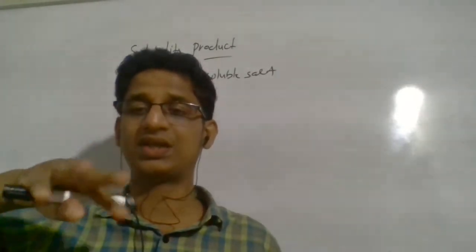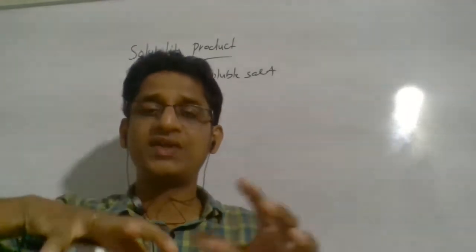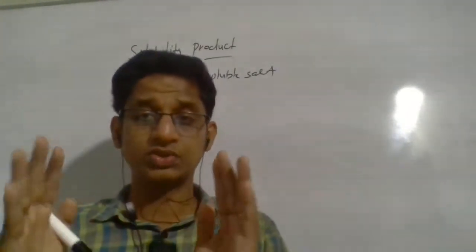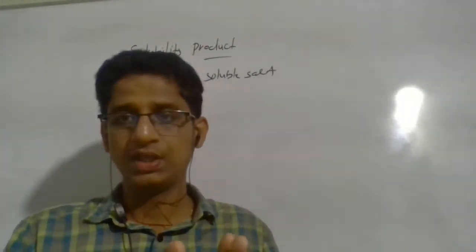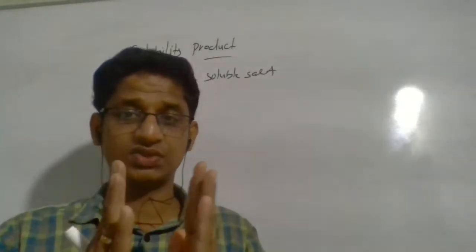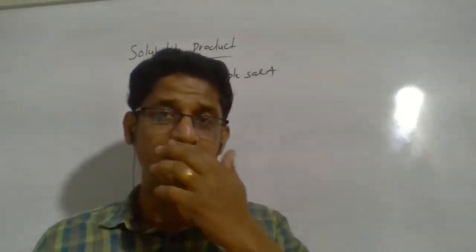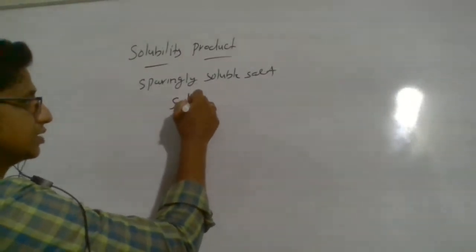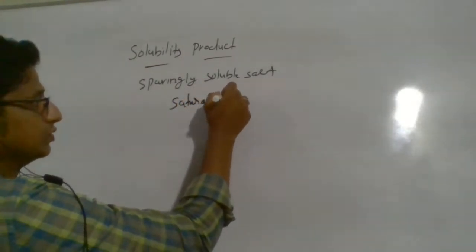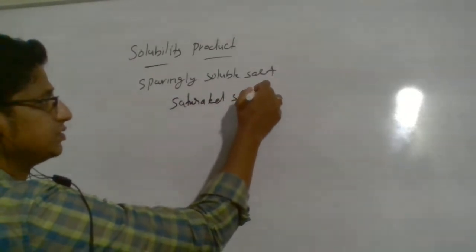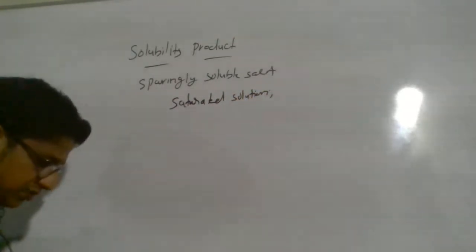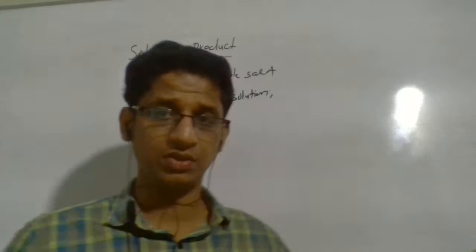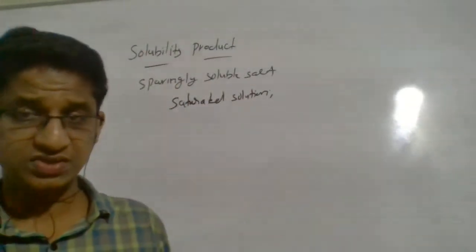That condition you can call a saturated solution. After that, no more solute is going to dissolve in that solvent. We define solubility product in terms of a saturated solution. So what is a saturated solution? It's a condition in which the maximum amount of solute is dissolved.